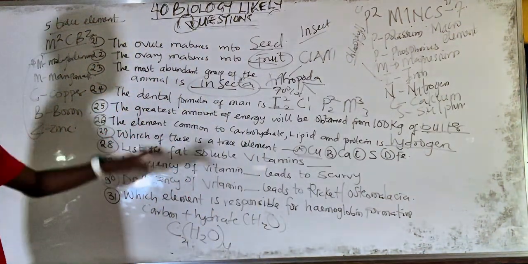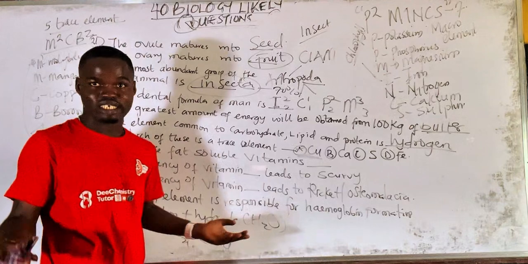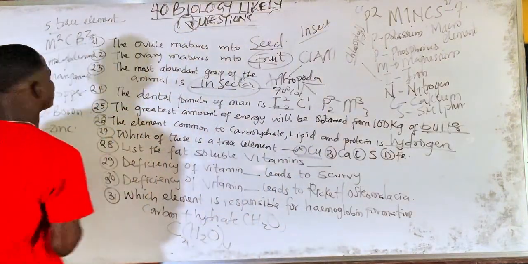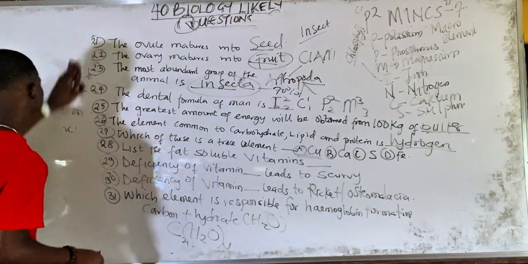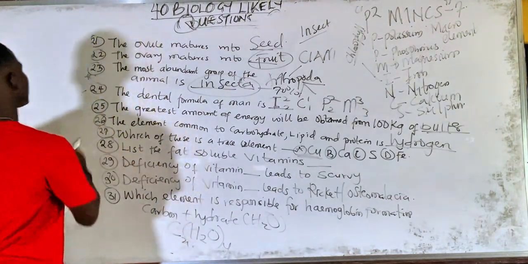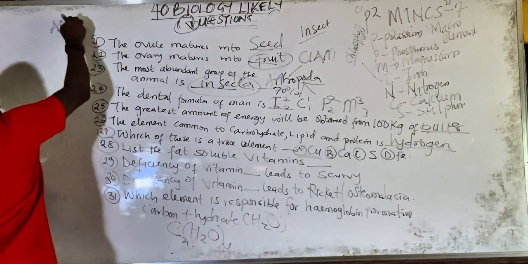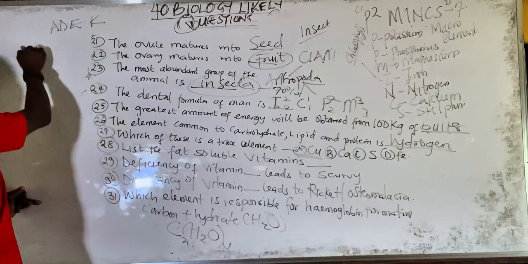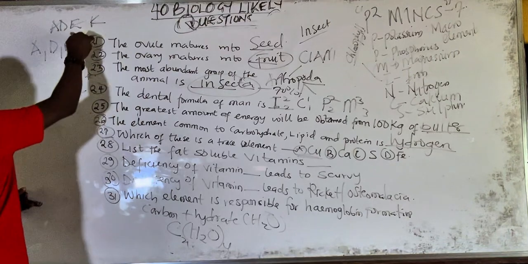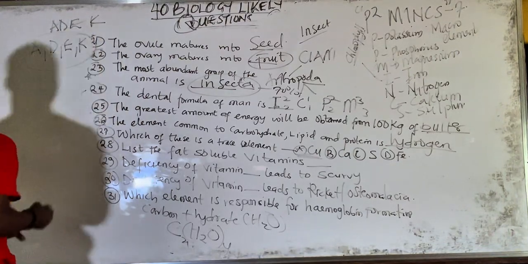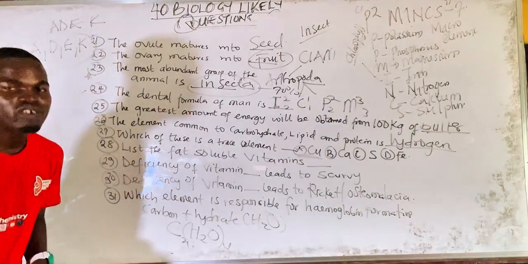So list the fat soluble vitamins. You must know the fat soluble vitamins. So how do you know it? Very easy. We use the word ADEK: vitamin A, vitamin D, vitamin E, and vitamin K. So ADEK are the fat soluble vitamins.